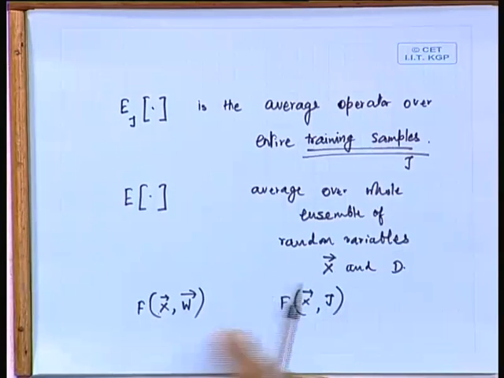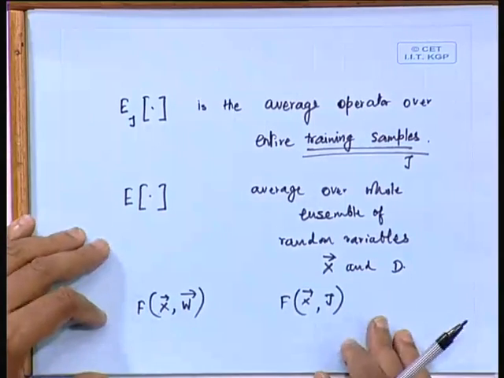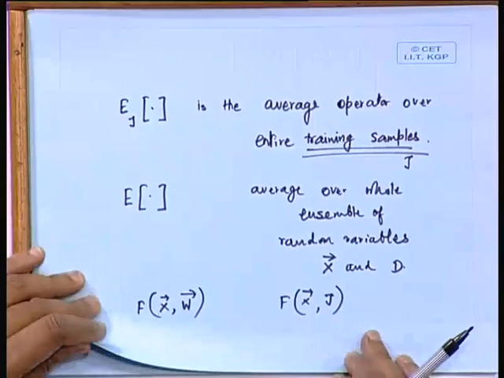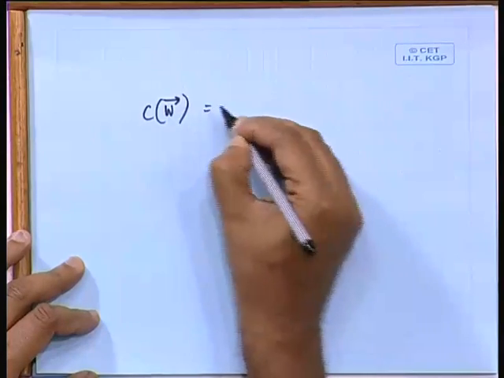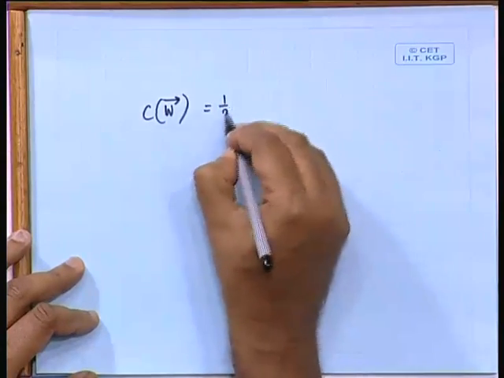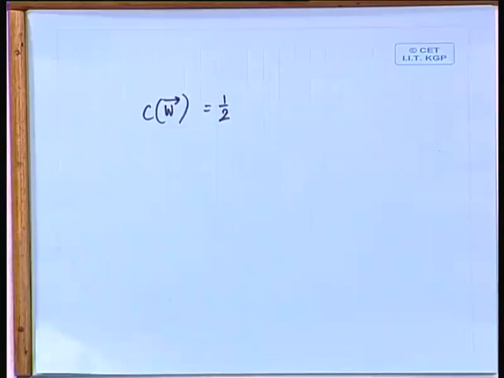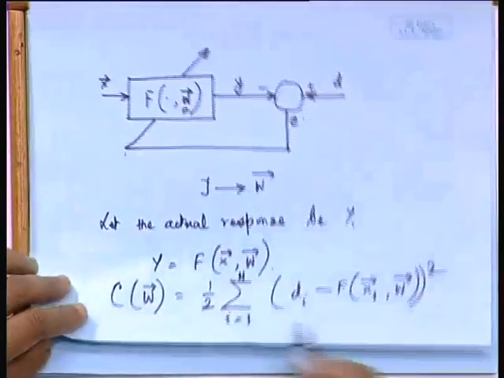With that we can write down the cost function as follows: C(w) is equal to half of, again the half is coming because of this.